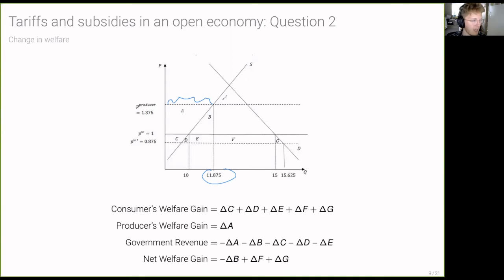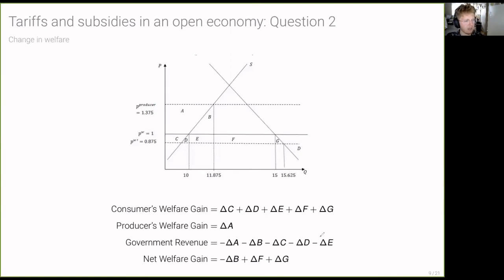And then it must subsidize the difference between the world price, the prevailing price, and the price that's given to producers. So basically, the government has to pay that total shaded amount in order to boost up the price effectively faced by producers. So that results in the government having to spend A, B, C, D, and E.